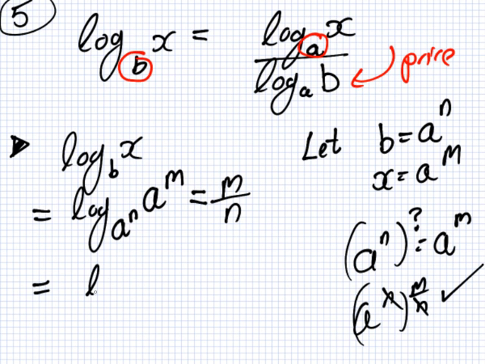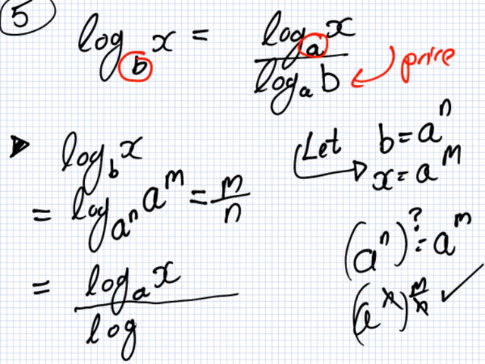Well, that is the same thing as log base, what base? If I want something for m at the top, I could say it's log base a of x, because a to the power of m makes x. And on the bottom I want n, so that would be log base a of b, which ends this proof now.